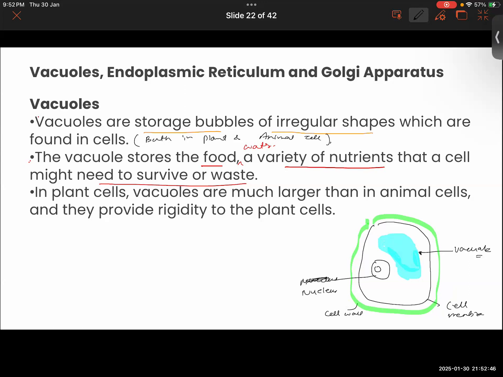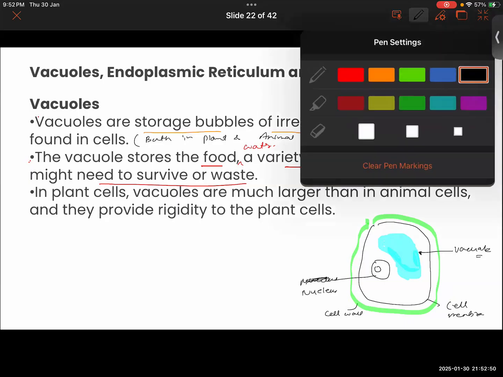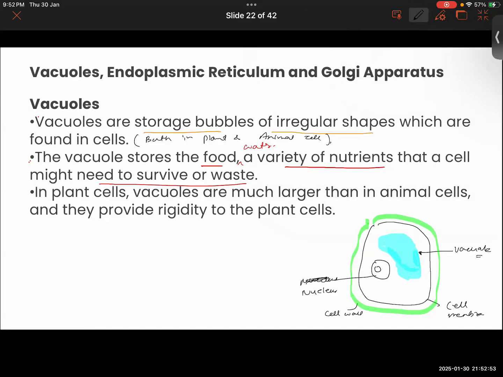Now, if you take a look at the animal cell, observe the difference in the size and the number of vacuoles. In animal cells, generally the nucleus is located in the center. Take a look at the size and the number of the vacuoles.